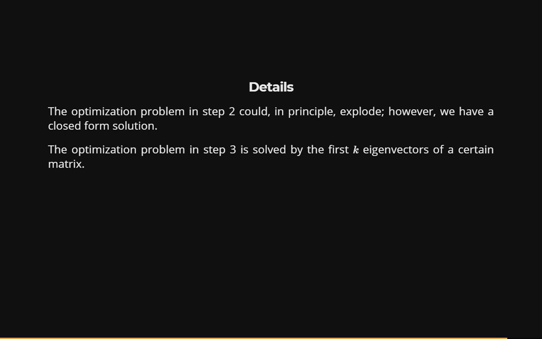And the optimization problem in step 3 is solved by finding the first k eigenvectors of a certain symmetric matrix, which is I minus the weights transpose times I minus the weights, something like that. And so these both are easy optimization problems. And the only parameter you have to fix is k in the KNN part.